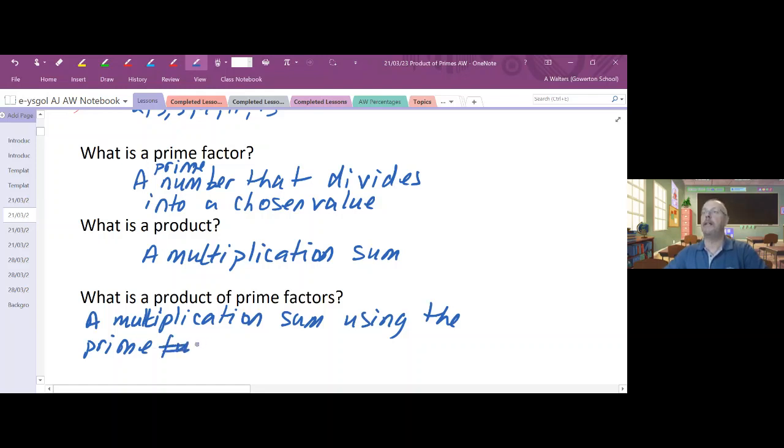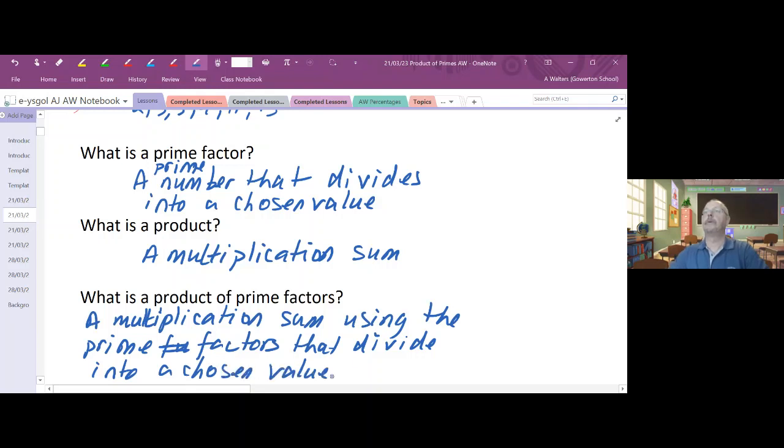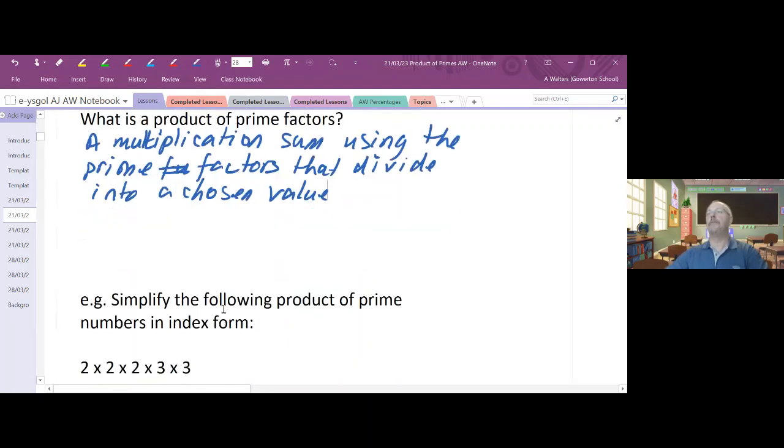Actually, using the prime factors that divide into a chosen value. Okay, so the last one, product of prime factors: a multiplication sum using the prime factors that divide into a chosen value. Okay, right, so a few things after that.